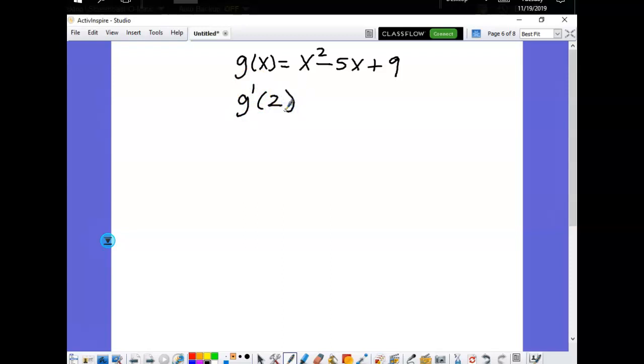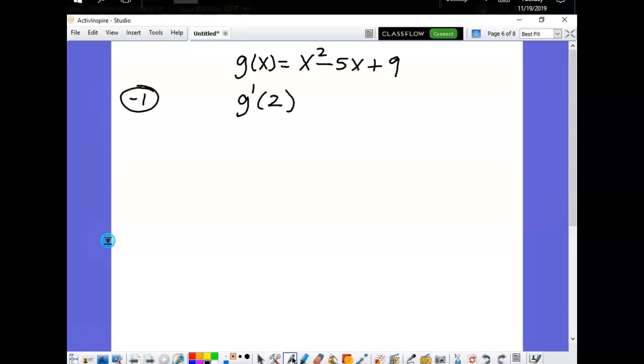Now the shortcut, what's the derivative of that? And so if I plug in 2, I would get negative 1. So we should end up with negative 1 as our final answer. See if you guys can use the alternative form of the limit definition of a derivative to find your answer of negative 1 for the derivative.